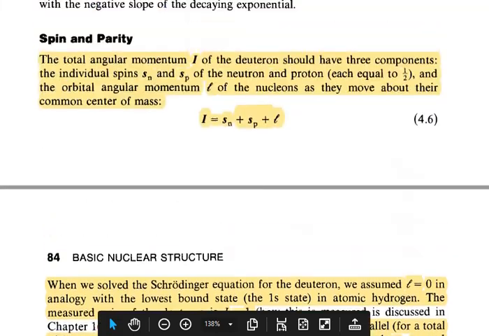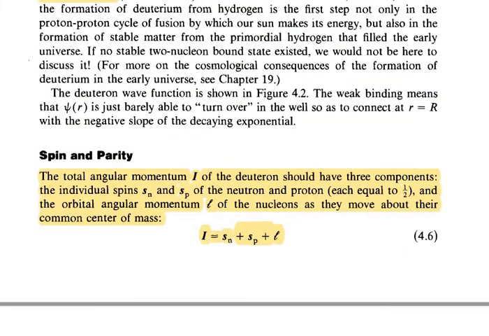Then the spin and parity of deuteron. The total angular momentum I of the deuteron should have 3 components: the individual neutron spin and proton spin, each equal to half, and the orbital angular momentum L of the nucleons as they move about their common center of mass.